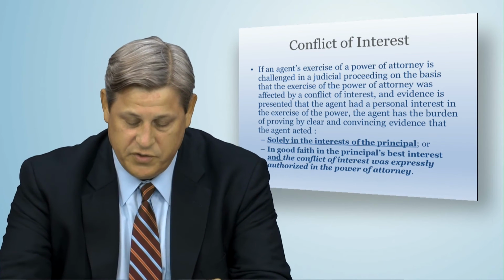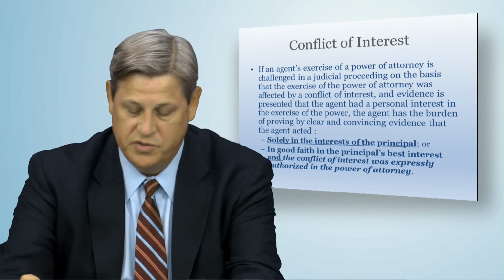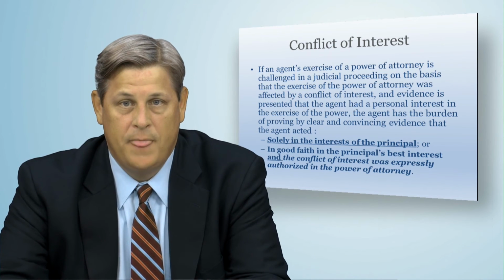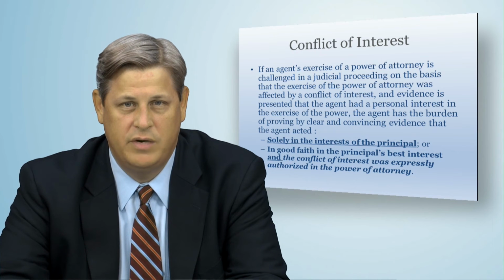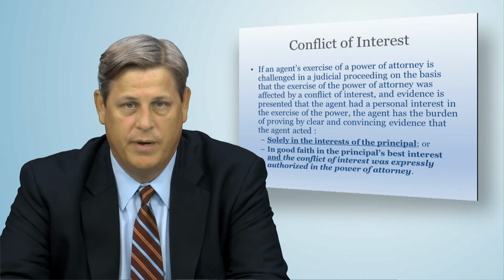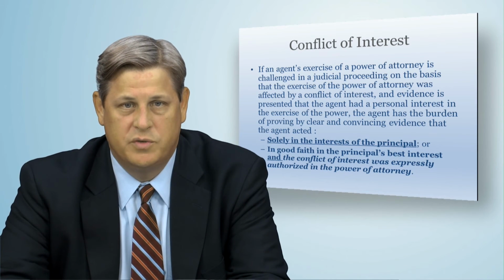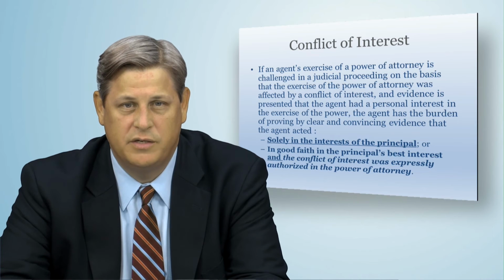So if an agent's exercise of a power of attorney is challenged in a judicial proceeding on the basis that the exercise of the power of attorney was affected by a conflict of interest, and evidence is presented that the agent had a personal interest in the exercise of the power he used, then the agent is going to have the burden of proving by clear and convincing evidence that the agent acted in the sole interest of the beneficiary or in good faith in the principal's best interest, and the conflict of interest was expressly authorized by the power of attorney.